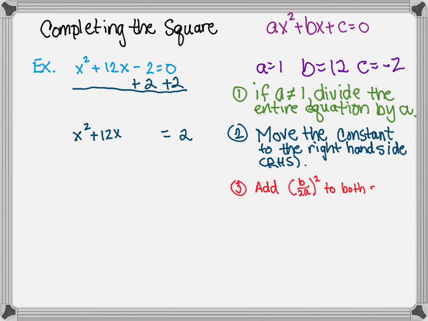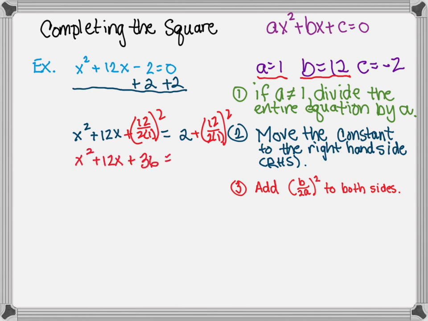Step 3, we are going to add the quantity b over 2 times a, all quantities squared, to both sides, using the b and the a from standard form that we identified. So b was 12, a was 1. So we'll add 12 over 2 times 1 quantity squared to both the left side and the right-hand side of the equation.